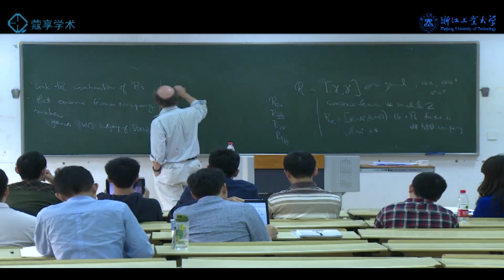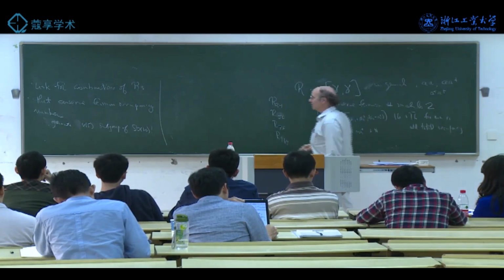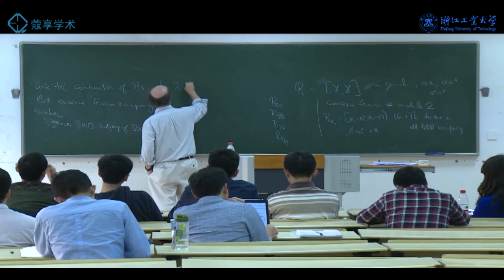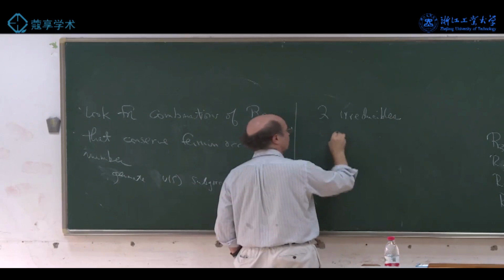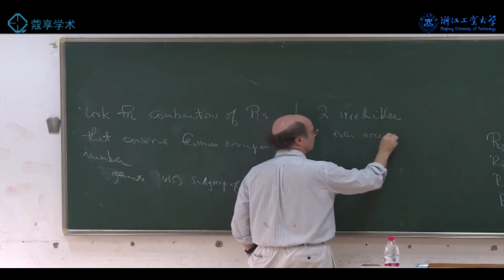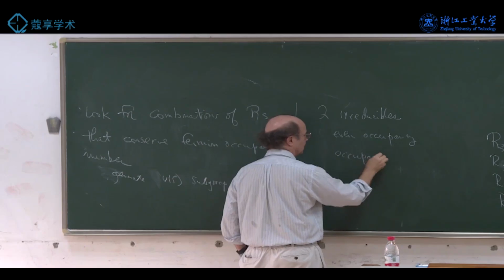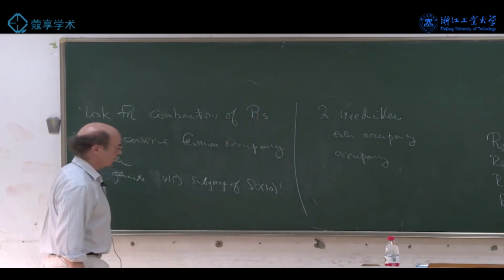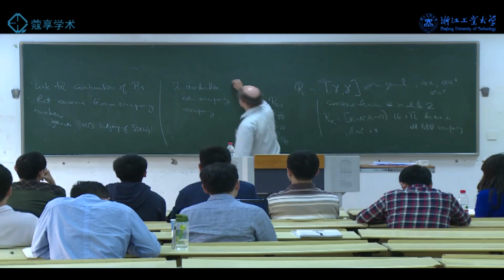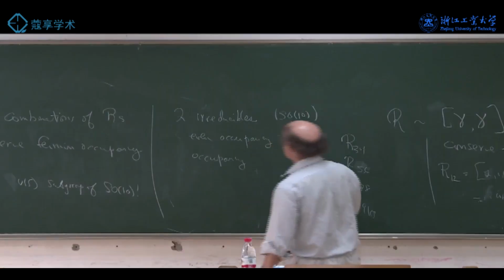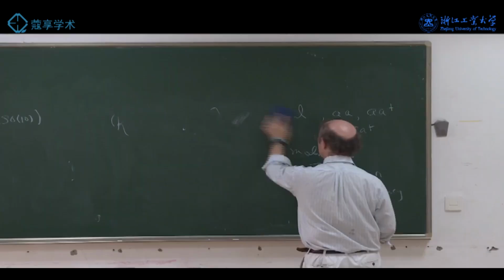Okay, so let's look at, remember, the two irreducible things we got in terms of fermions: even occupancy or odd occupancy of our 5 fermion system. This is irreducible under SO10. So let's see what their content is under SU5.